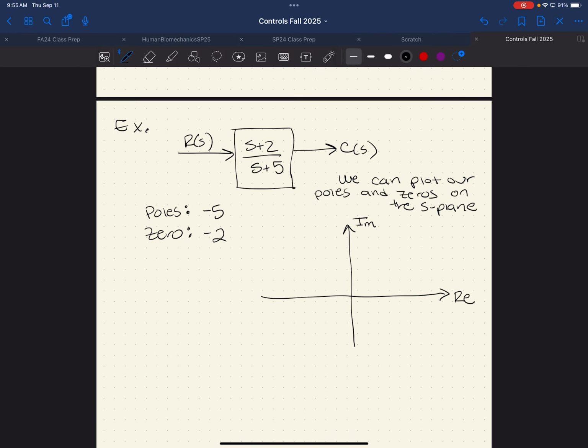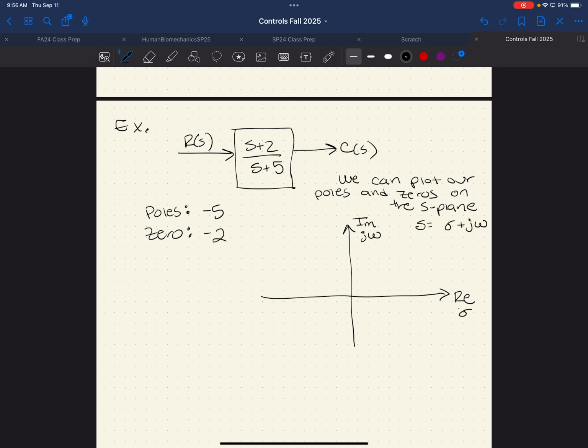You might also see this as sigma on the horizontal axis and j omega on the vertical axis. And the reason we write it this way is we give our poles and zeros the form sigma plus j omega. All right, so the sigma is always the real portion of that root, and the j omega is the imaginary portion of that root.